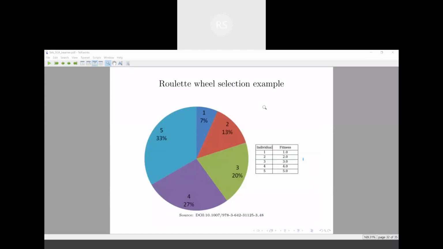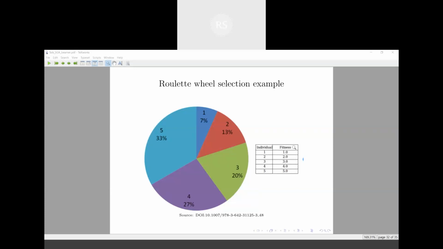Since the diagram should not become complicated, only 5 individuals are shown here, but you can imagine there are 30 individuals. What will be the distribution? Here the fitness number is on a scale of 1 to 5. So individual 1 has fitness 1, individual 2 has fitness 3, like that.